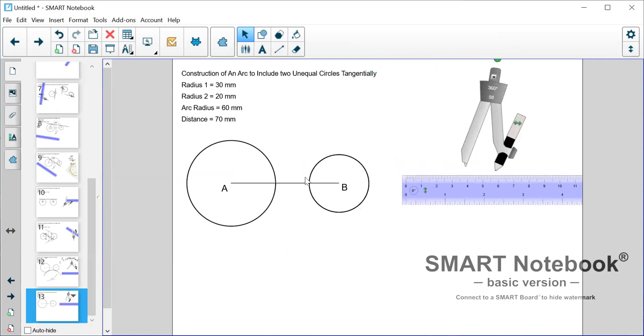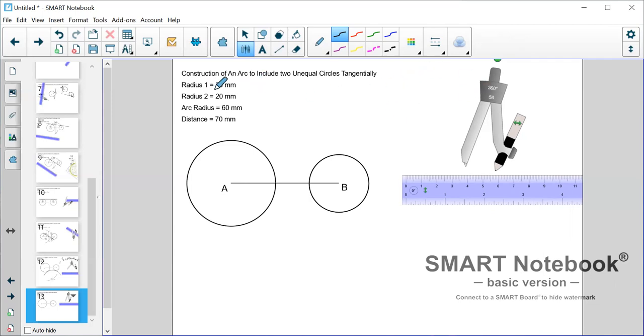Good. Now, like we did for the previous construction, we have to find the center for that arc, which is 60. In order to find the distance for the center, in this case, we need to subtract. In the previous video, we had to add; in this case, we subtract.